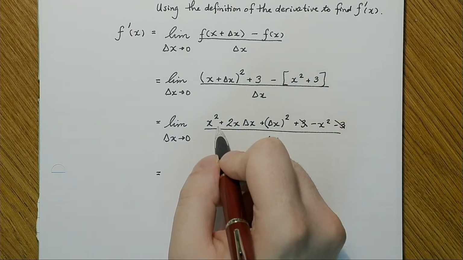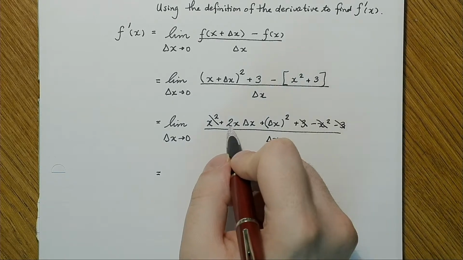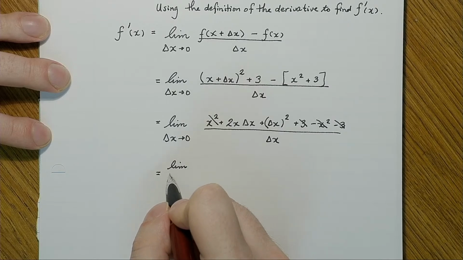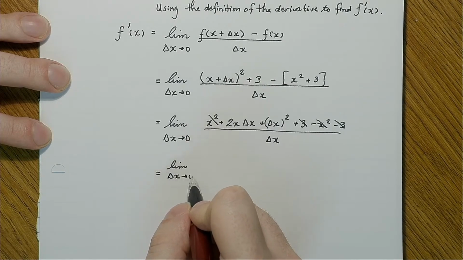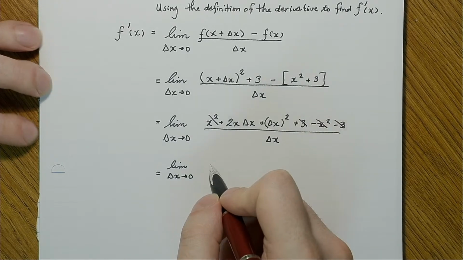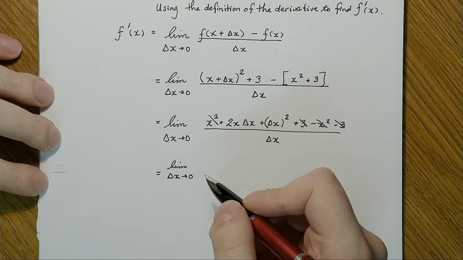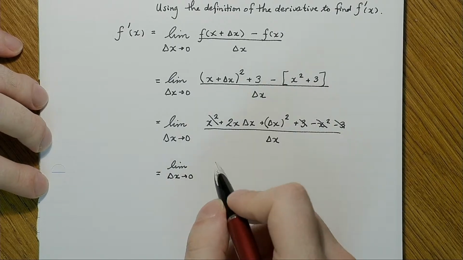I have an x squared and an x squared. And still haven't taken the limit yet, so I have to write it again. So to answer your question, you write it every single time until you take that limit.